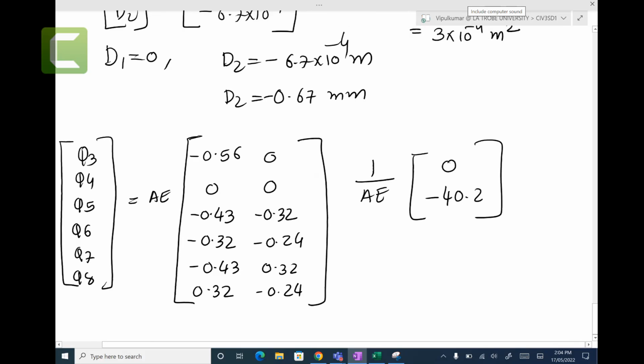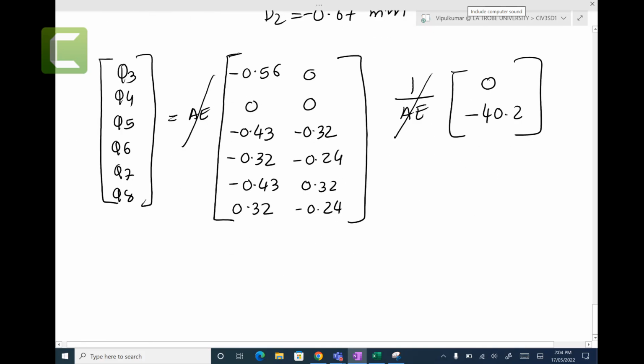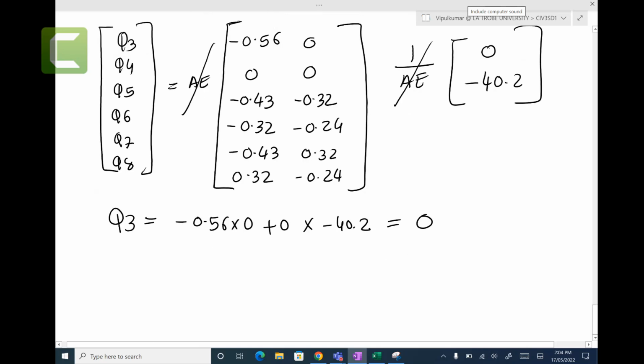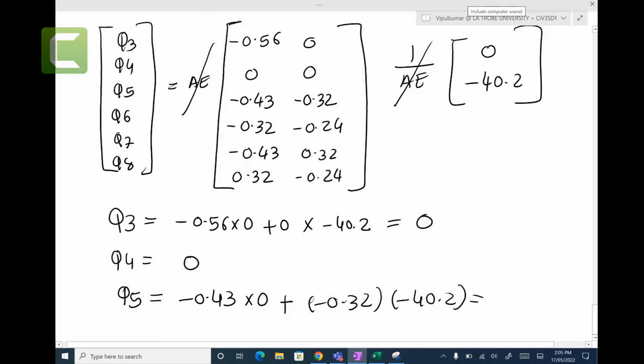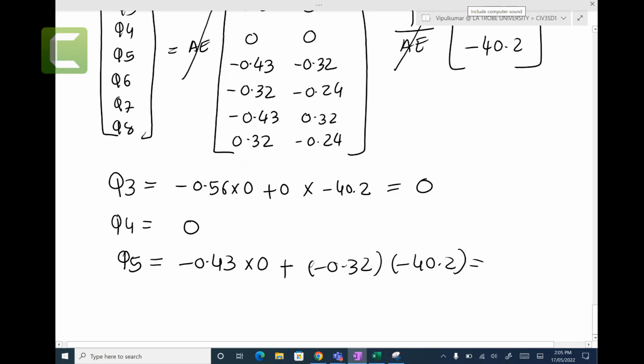So we can cancel these AE and AE, and Q3 equals minus 0.56 times 0 plus 0 times minus 40.2, which is 0. Q4 is 0. Q5 is minus 0.43 times 0 plus minus 0.32 times minus 40.2, so 12.9 kilonewtons.